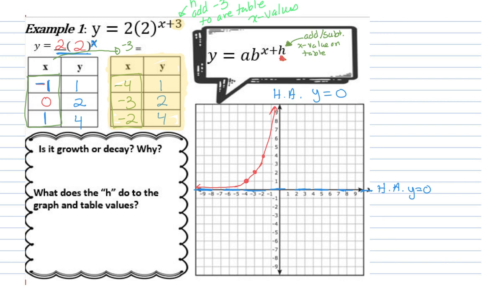For the graph, because in this case, it shifts or moves, let's just say moves the graph left or right, depending on the number. In this case, because it was -3, this also moved it to the left.